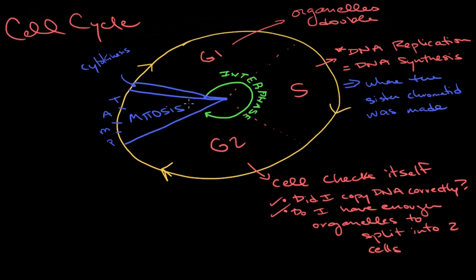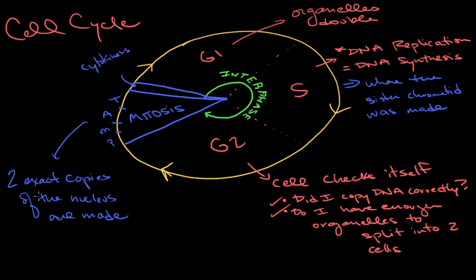So in mitosis, what's really interesting is that 2 exact copies of the nucleus are made. 2 exact copies because of what happened here in S phase.